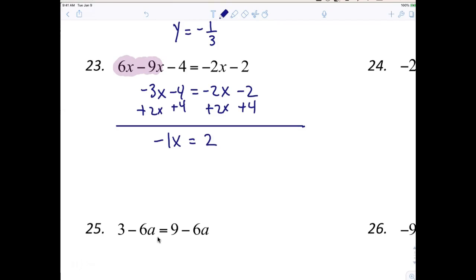Good. Negative 1x equals 2. You could just say I'm dividing by negative 1. So x equals what? 2 divided by negative 1. All right, so I have x equals negative 2. That was kind of a tricky one.